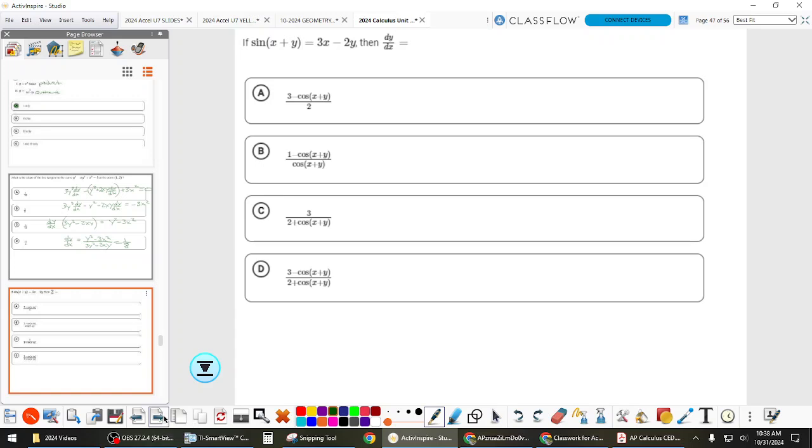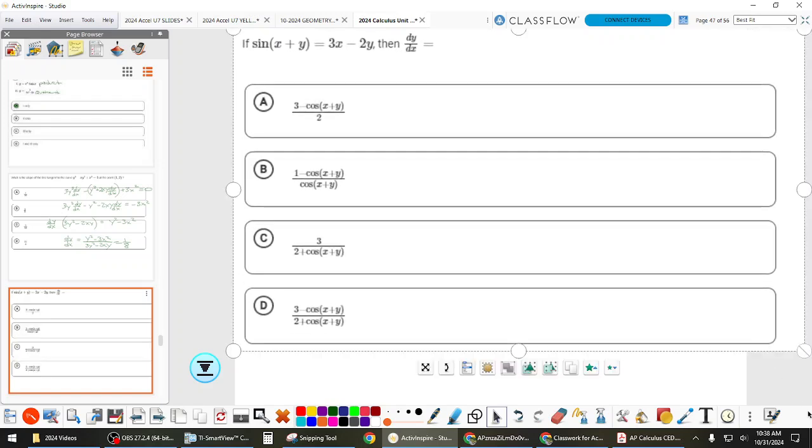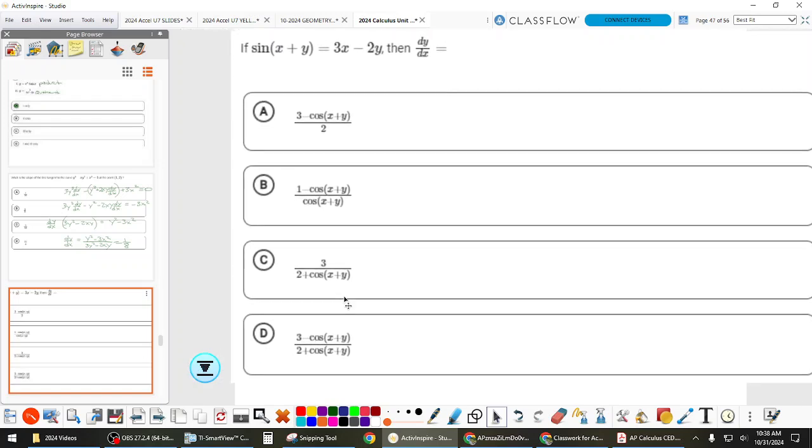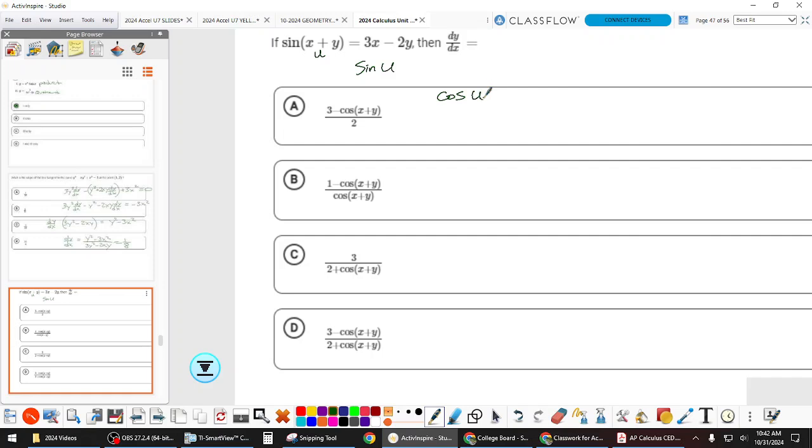Yes. Okay. I'm going to try to zoom this just a bit. There we go. Okay. So for this one, I would maybe call this u. So we have sine of u, and then that side is fine. So we'll get cosine of u.